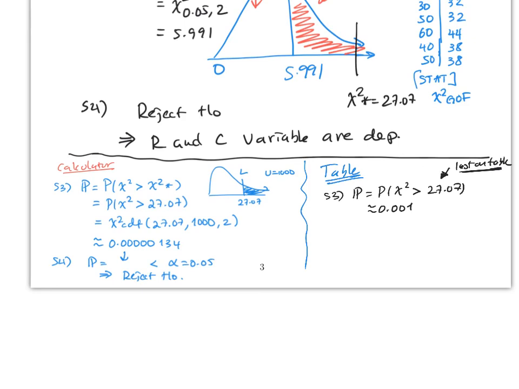That's all you need. So therefore the last part you do is the p-value is 0.001, which, remember, this is just an approximation. That's all you need, because clearly this is less than alpha, which is 0.05, and that again implies to reject H0. And that's it.